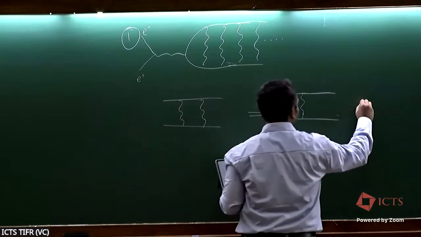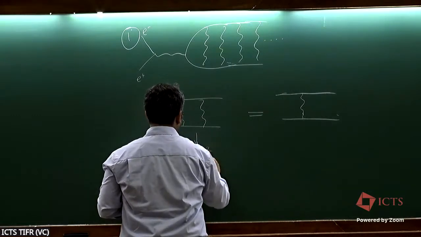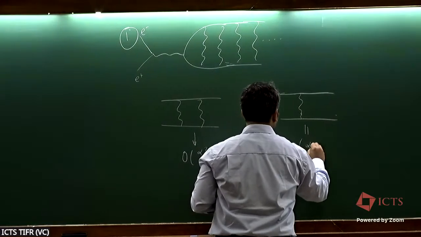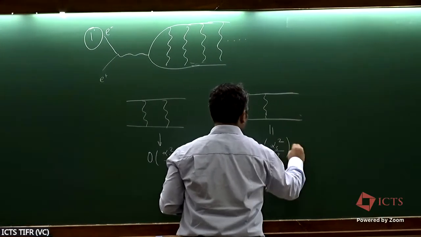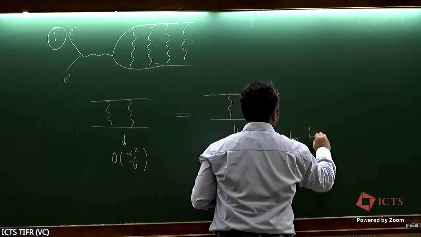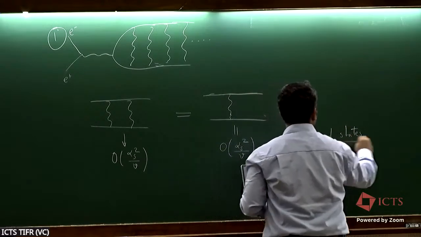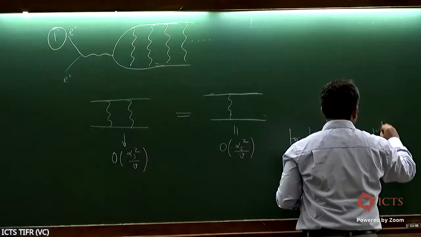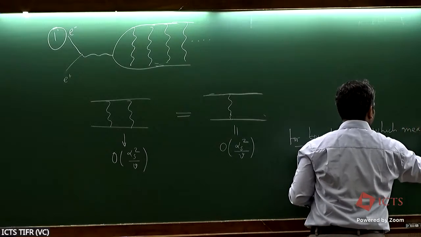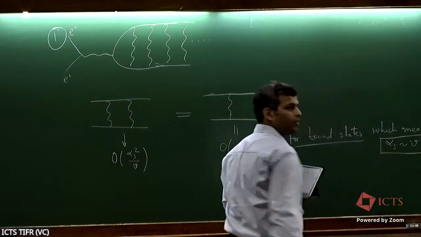What you will find is that this contributes at order alpha^2 by v, and this also contributes at order alpha^2 by v for bound states, which means alpha_S is of order v.